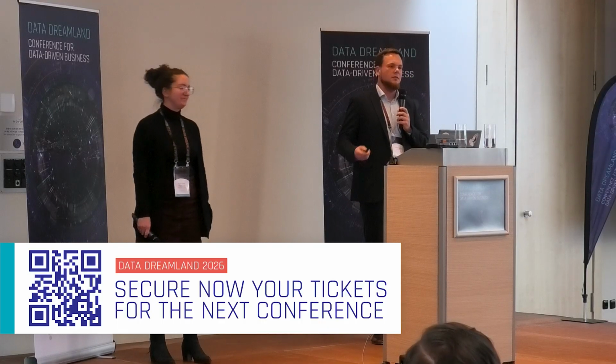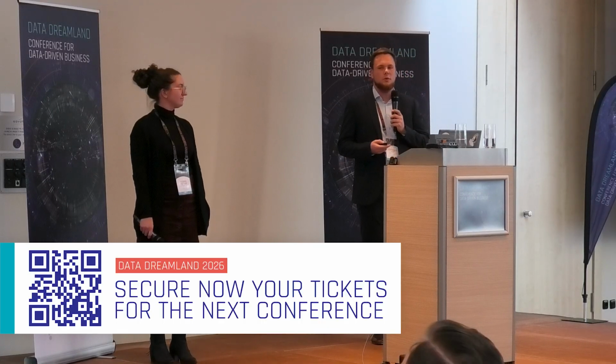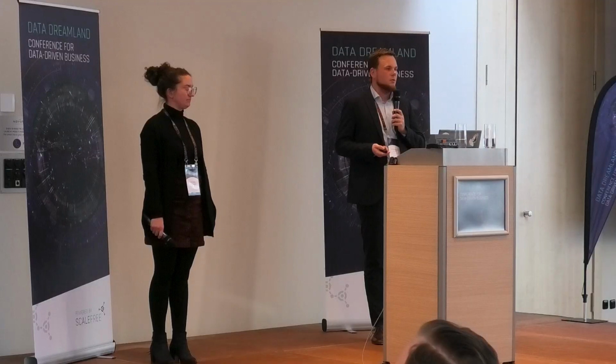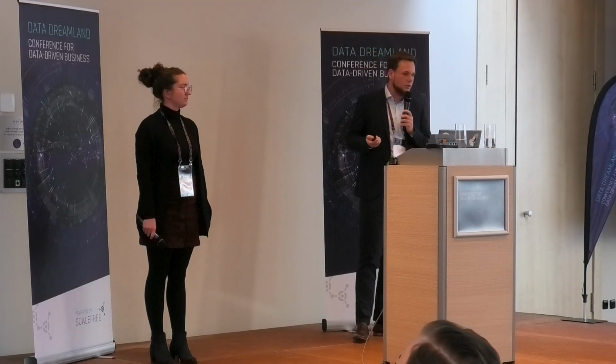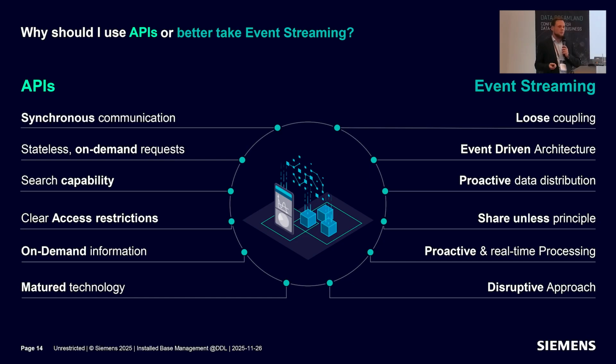And then the new approach we had in mind was, why don't we take event streaming for that? Looking at the benefits, event streaming, compared to synchronous communication, has loose coupling. We are having more distributed and decentralized applications, even if we are aggregating data on a central one.